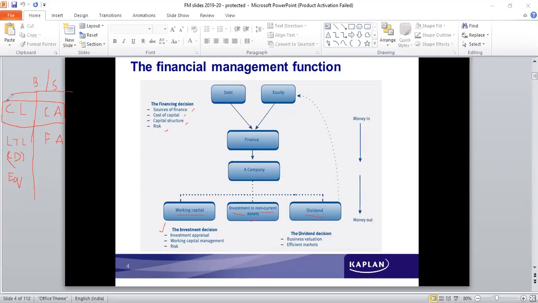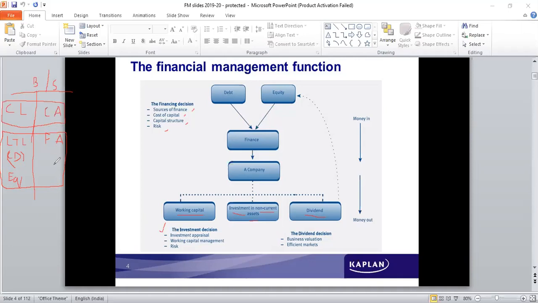Current assets are short-term assets, current liabilities are also short-term liabilities. Then another way is grouping the long-term liabilities, debt and equity capital together, and comparing them with the long-term assets, which we also call fixed assets.